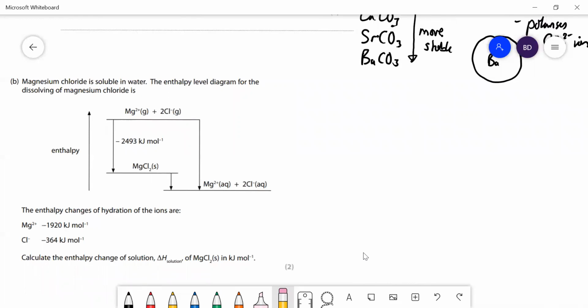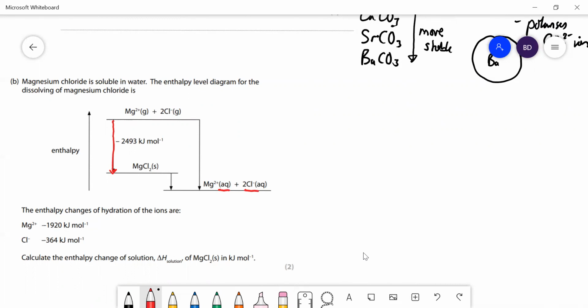Okay, so what we've got here is the gaseous ions forming the solid ionic lattice. So that's the lattice enthalpy, minus 2493. Here we're getting the gaseous ions and we're putting them into aqueous solution. So we're going to hydrate them.